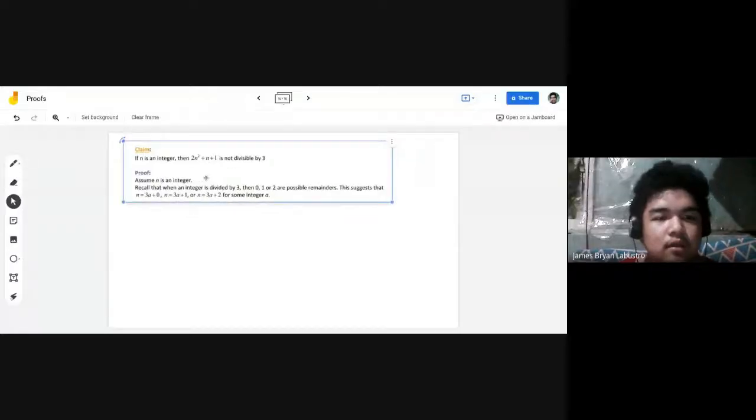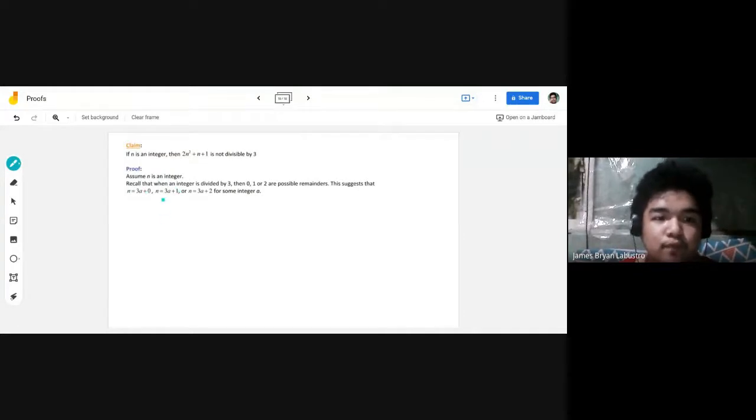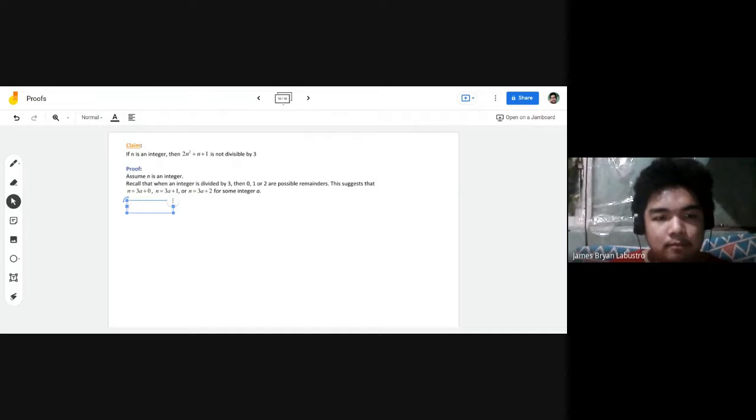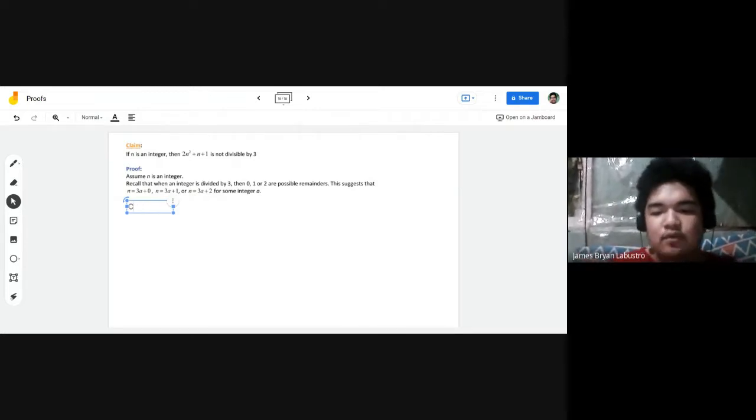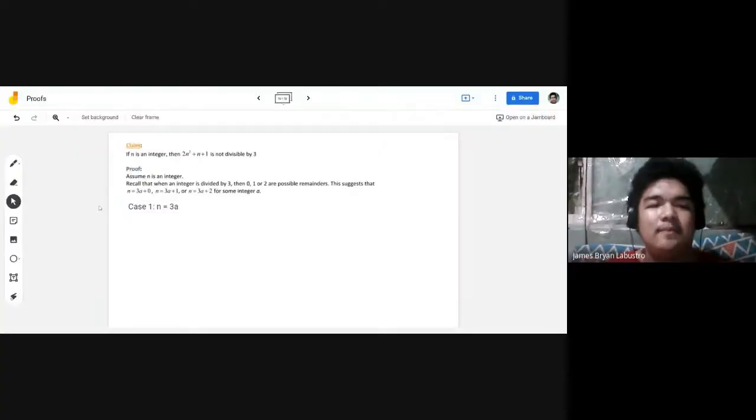So how are we going to do this? Okay, so it seems that for all this statement, we have to prove that. So for case 1, we let n equal to 3a. 3a na lang, kasi same naman sila.